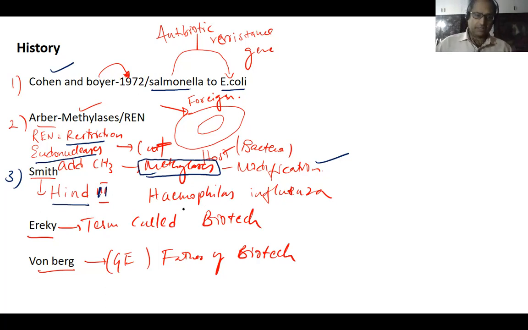That was introduced and discovered as the first restriction endonuclease. Please make a note of that. That was the first restriction endonuclease.